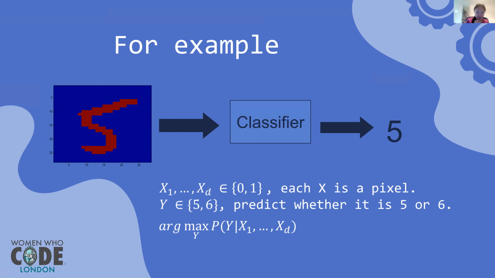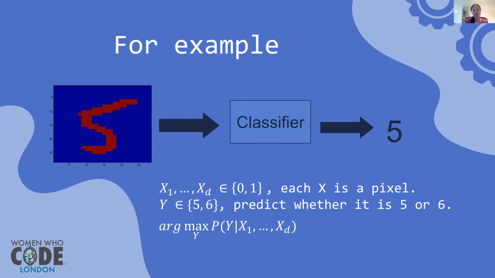Let's say it's 28 by 28 pixels: 28 pixels horizontally and 28 pixels vertically. The blue is represented by 0, and the red is represented by 1. I want to feed it to a classifier, which is also called a model, and I want the output to be 5, because when I look at this picture, I know it's 5.